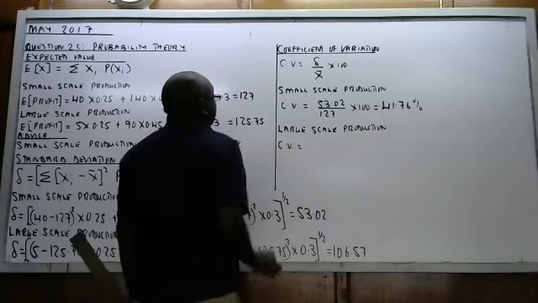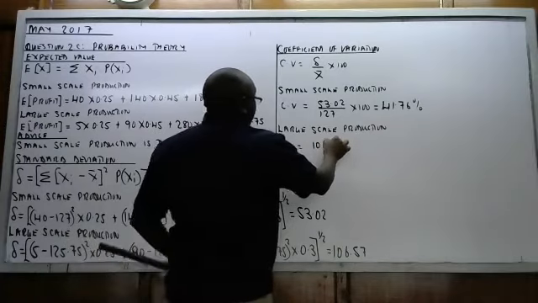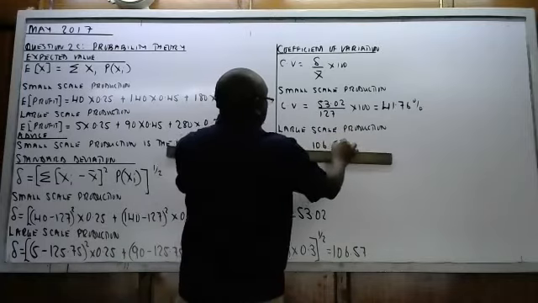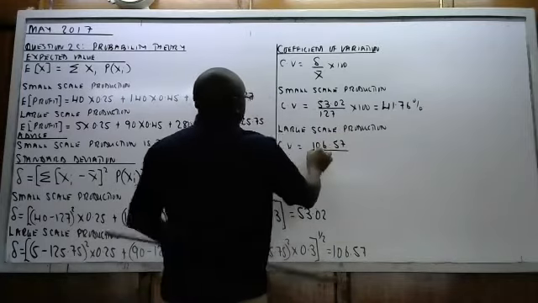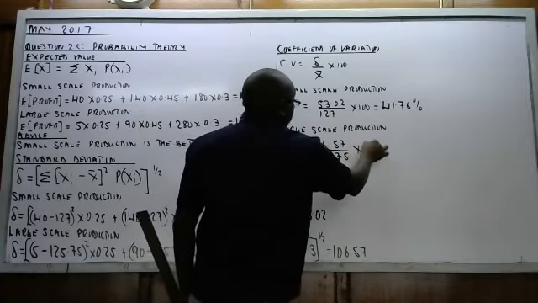CV is 106.57 divided by 125.75 times 100.